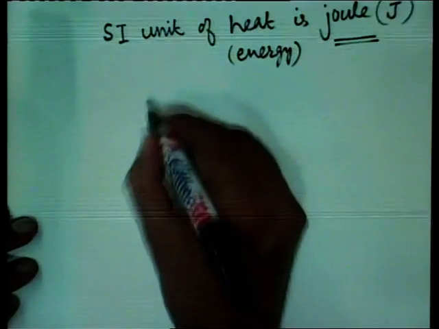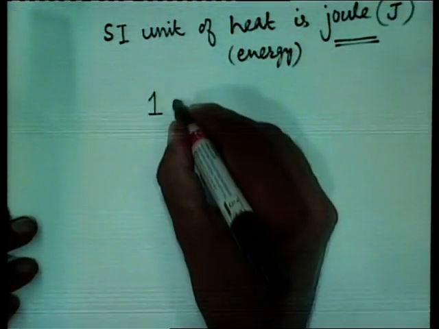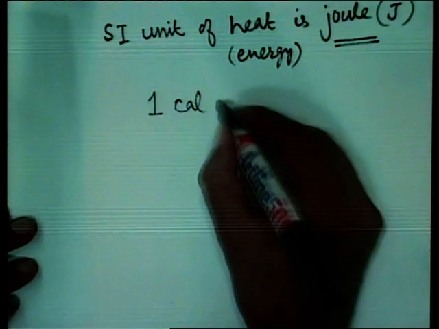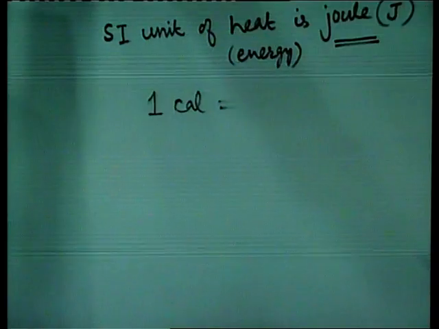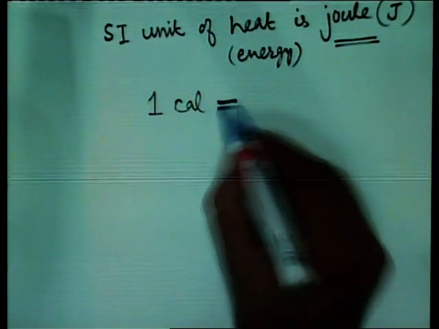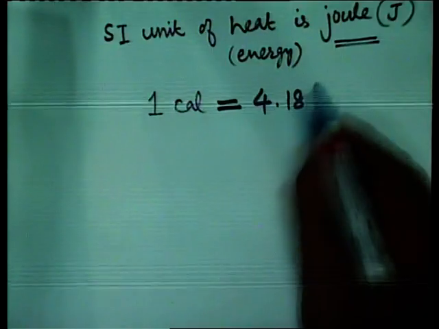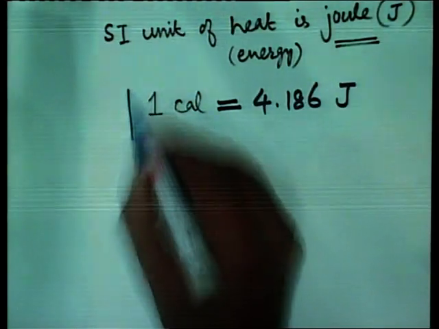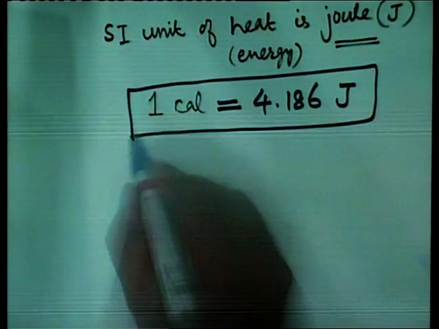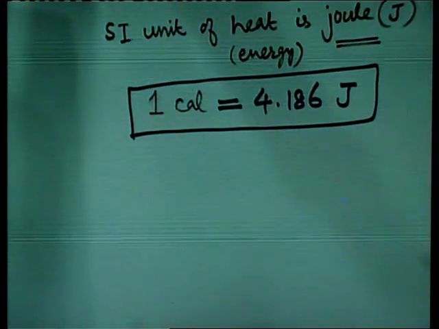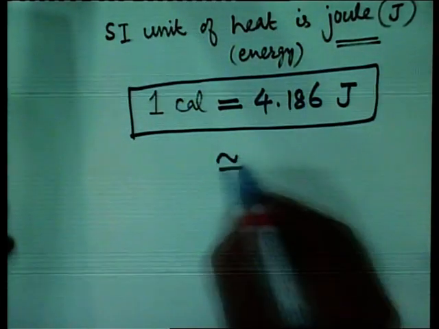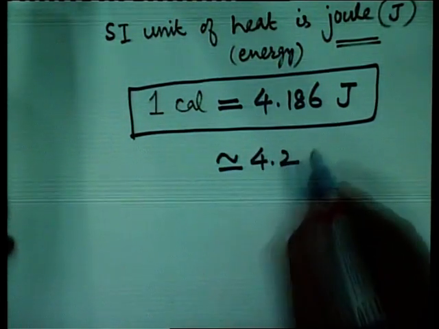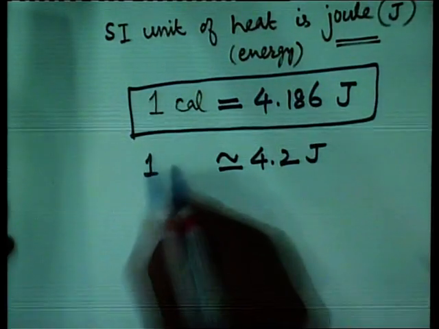So 1 calorie and 1 joule are related to each other by the relation 1 calorie is equal to 4.186 joule. Approximately, sometimes it is taken as 4.2 joule.